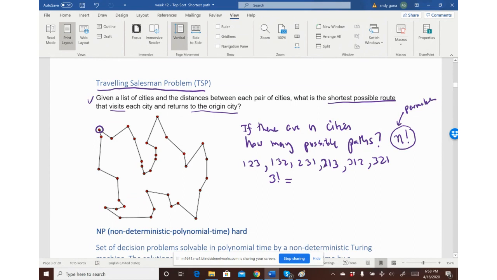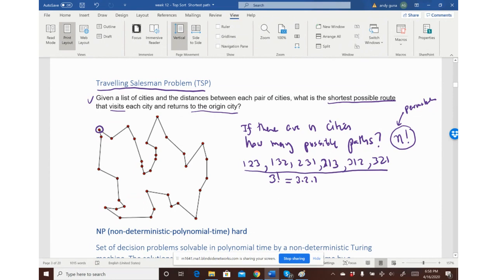It could be n minus 1. Yes, that's true, but because n is so large, we don't even care about that. So this is 3 times 2 times 1. Those are the 6 things that we wrote down here.